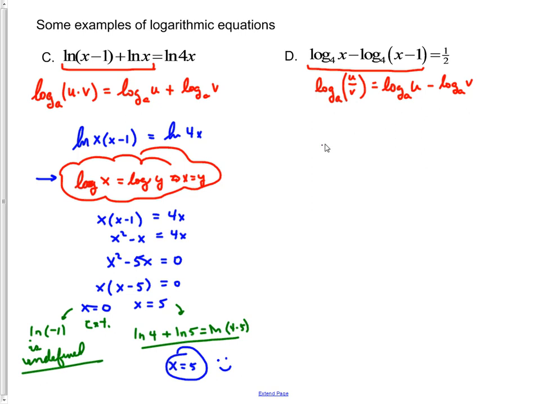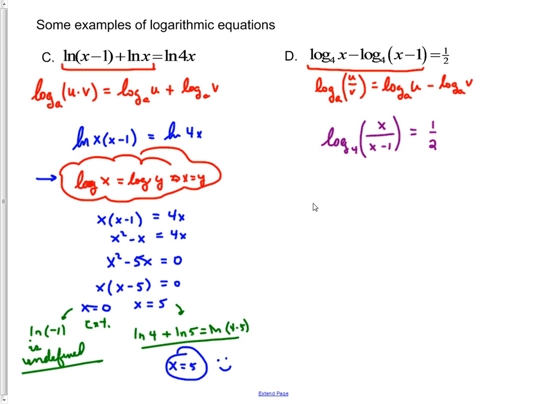It will be the logarithm base 4 of the fraction x over x minus 1. And that is equal to 1 half. Now in this case, we cannot use this property, right? Because we don't have a logarithm of x equals logarithm of y situation.